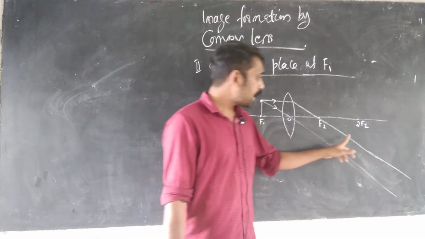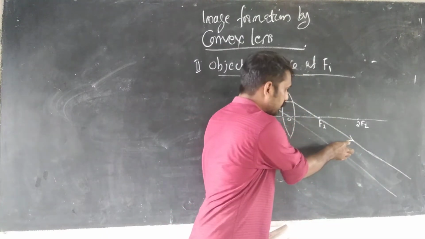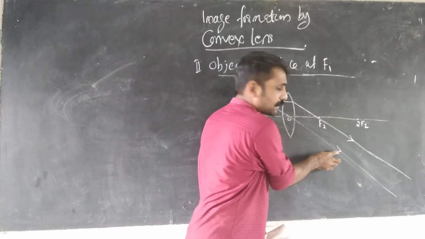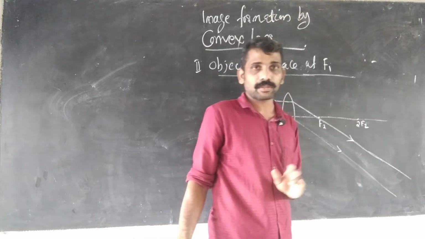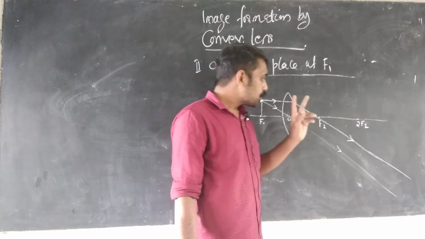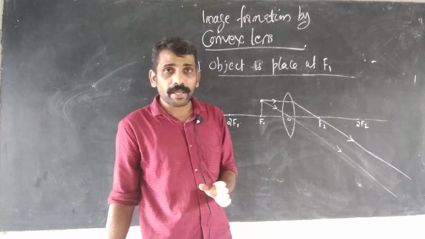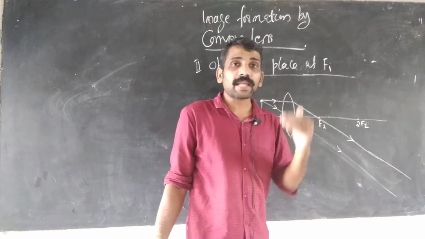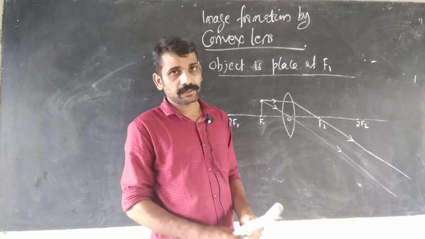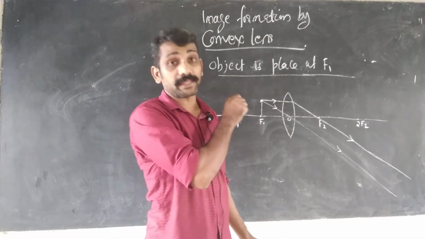Understand? So the two refracted rays: this is one refracted ray, this is another refracted ray. These two refracted rays are parallel. If two rays are parallel, then they never intersect, but they will intersect at infinity.